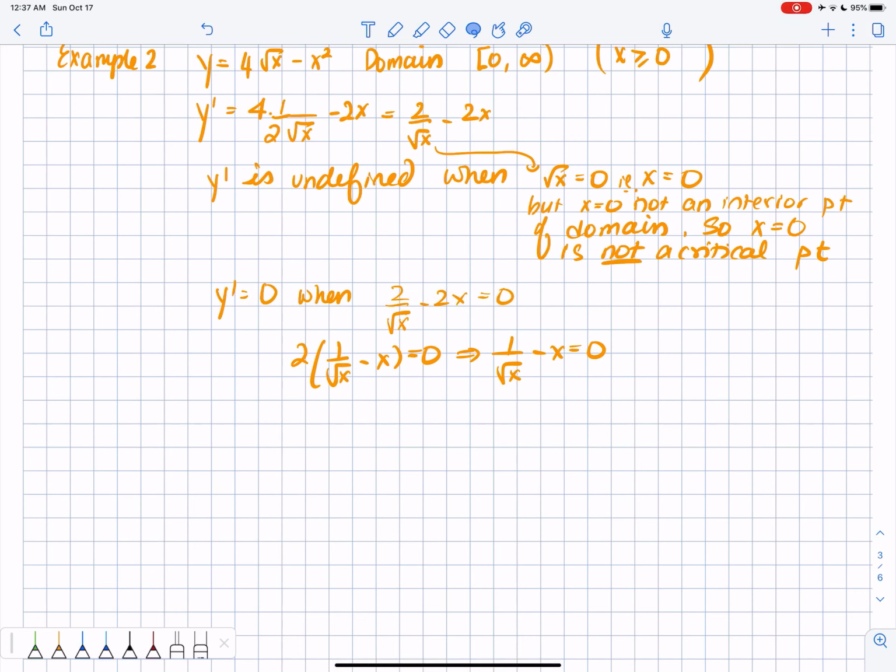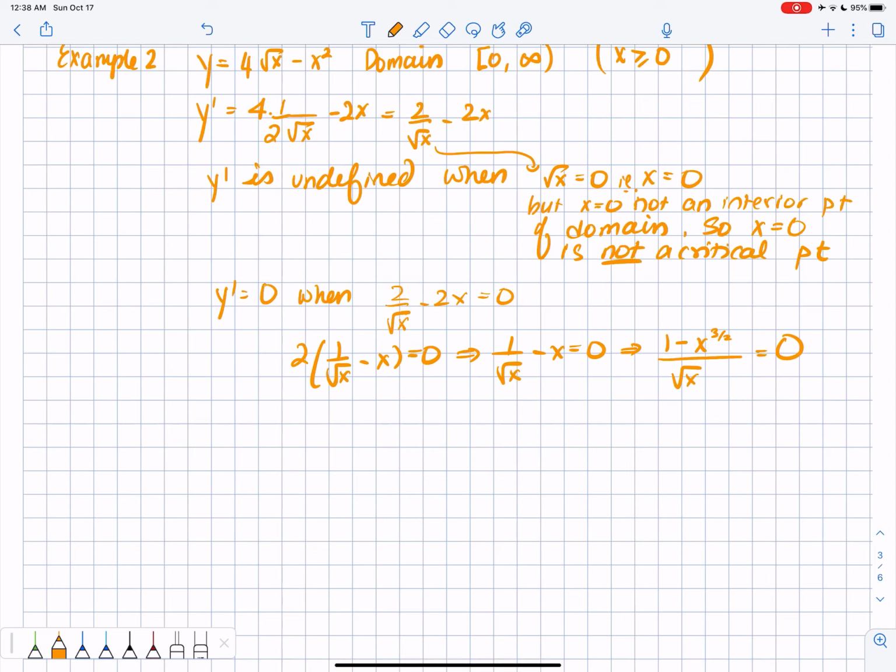So solving this, what do you have? 1 minus x raised to 3/2 over square root x is 0. Okay, when is this going to be 0? When the numerator is 0.